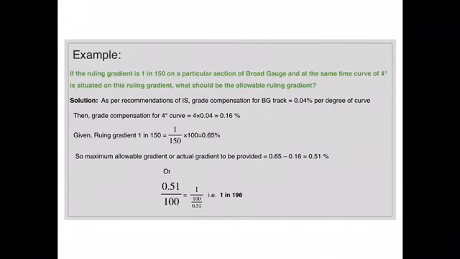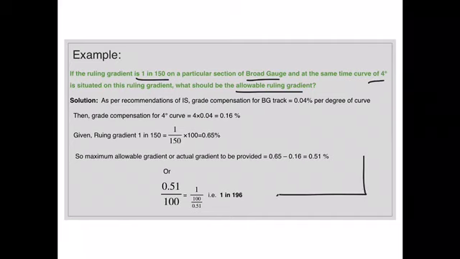Here the example says that the ruling gradient is 1 in 150 on a particular section of broad gauge track. At the same time, we have a curve of 4 degree which is situated on the ruling gradient. What should be the allowable gradient?